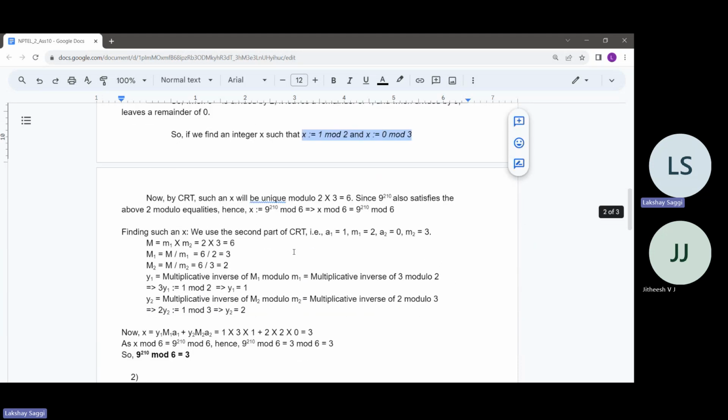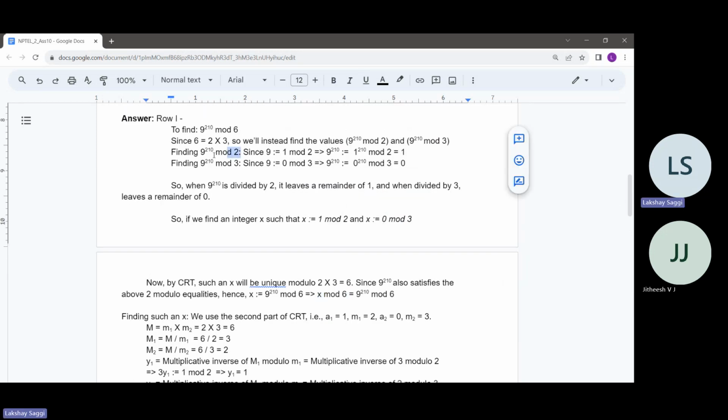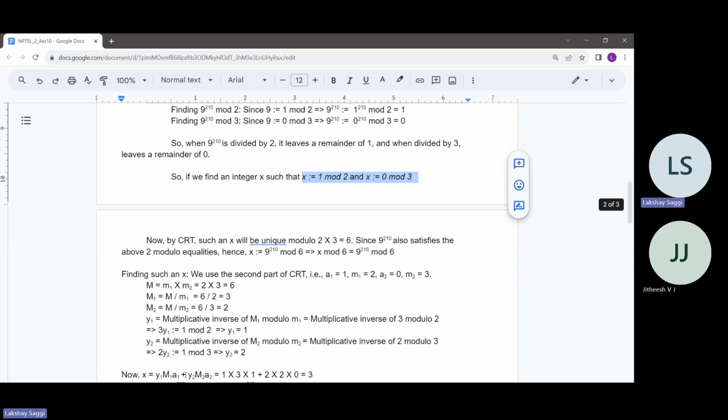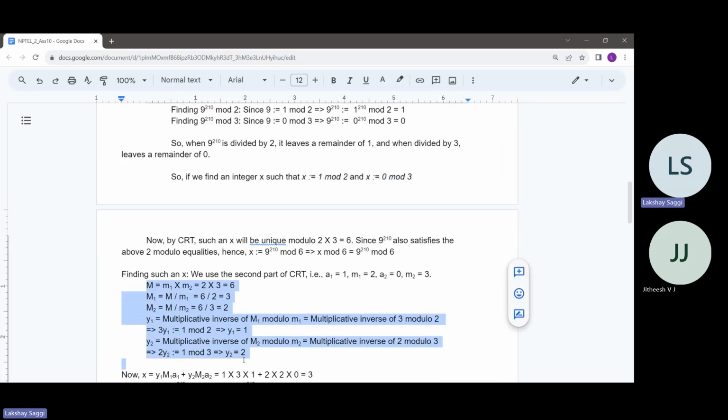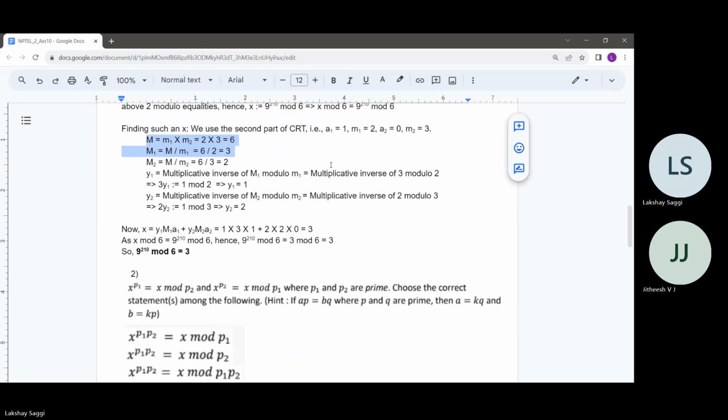And we found out using the Chinese remainder theorem the value of x by this y1 m1 a1 plus y2 m2 a2. And then we found that 9 to the power 210 mod 6 will be nothing but equal to this x mod 6 itself. So the main steps were just factorizing, then finding the modulo for the unique factors, then writing it out as these modular equalities and then straight up deriving these variables and applying this formula straight away.